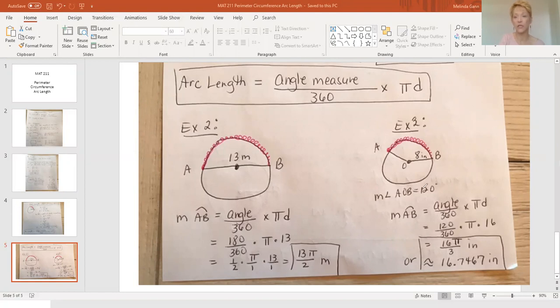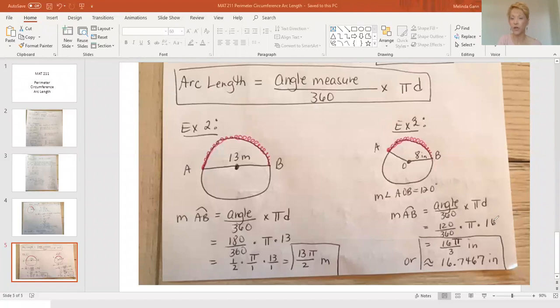All right, look at example 2. I'm telling you the measure of angle AOB. That angle right there is 120. So I want to know how far it is from A to B. If an ant crawled around that part of the circle, how far would the ant crawl? So remember your formula, your angle measure over 360. Well, your angle measure is 120. Pi, your diameter. Now that 8, remember, is your radius, so you would double that to get your diameter.